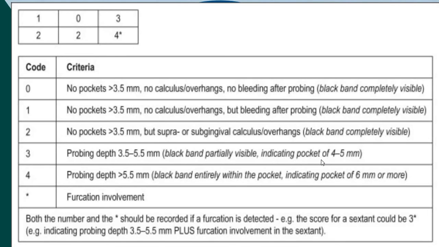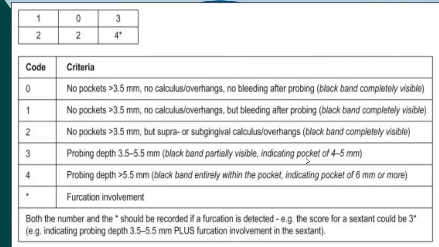If you have a WHO probe, you can measure it accurately from 3.5 to 5.5. And for the other probes, you lose the ball of 0.5 millimeter. You should measure it roughly from 4 to 5 millimeter. And here the treatment is the treatment of the previous one, motivation and oral hygiene instruction, scaling and polishing, plus root planing.